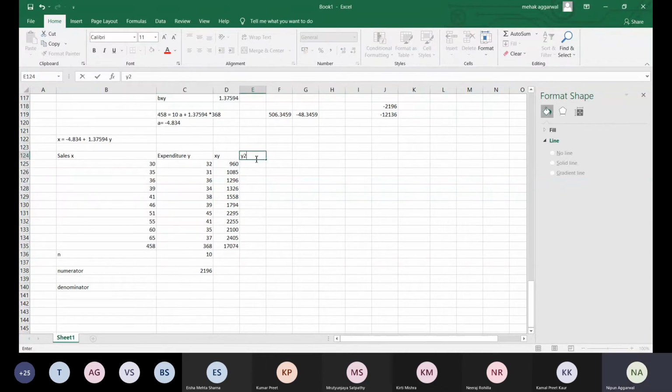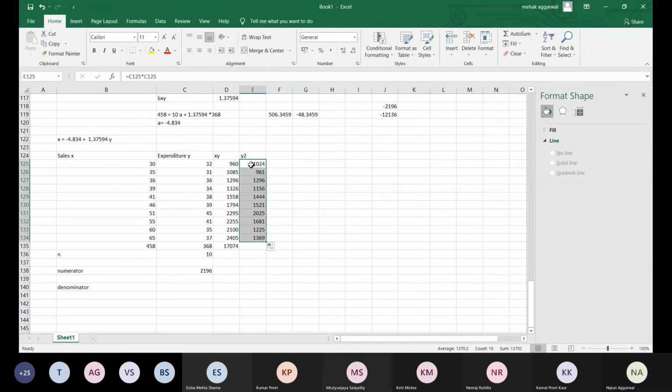So first you have to calculate y square. So y square is equal to y multiplied by y again. This becomes your y square, and the summation of y square results into 13702.